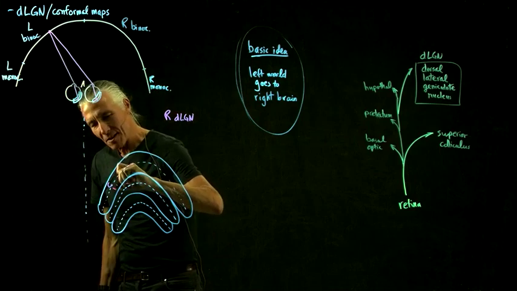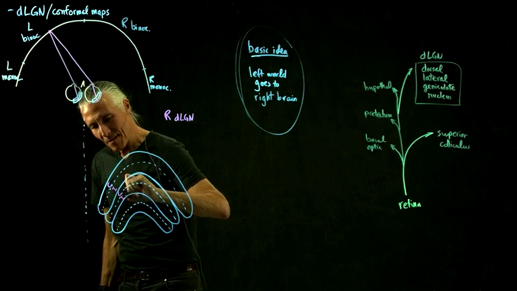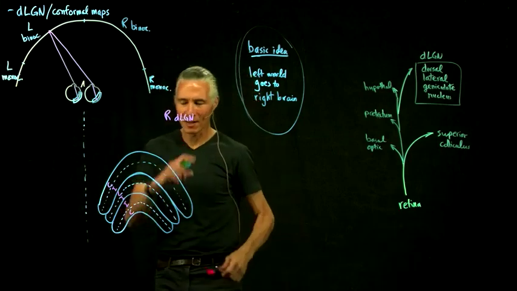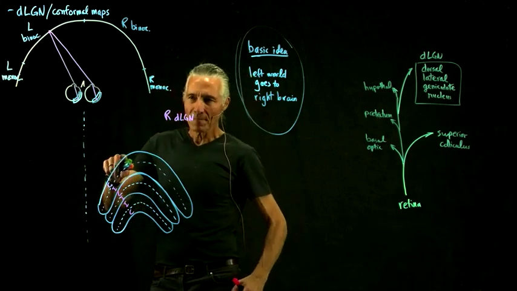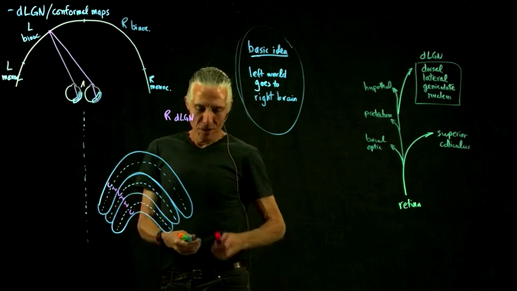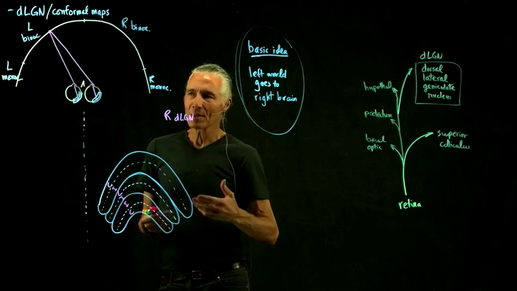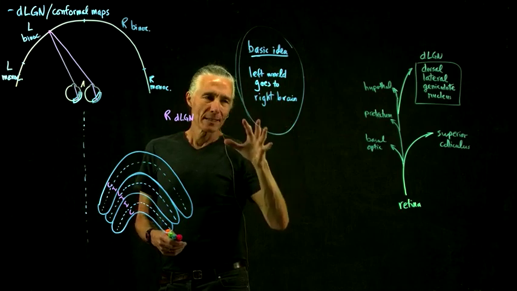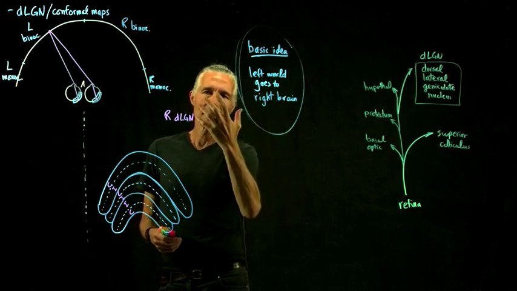And then there's an ipsilateral layer and another contralateral and another ipsilateral, and then an ipsilateral and a contralateral. So you can see it's sort of got a confusing thing. But these are all the different layers of the geniculate, but remember the geniculate is representing space. It's representing visual space.